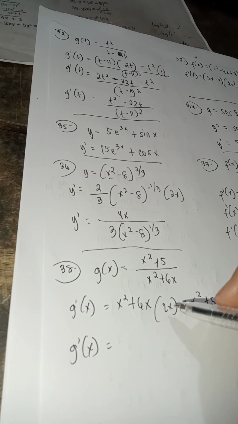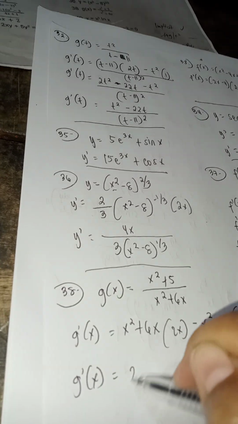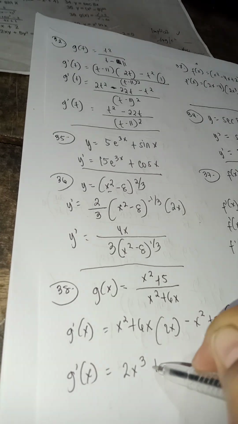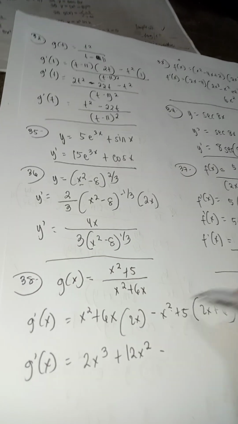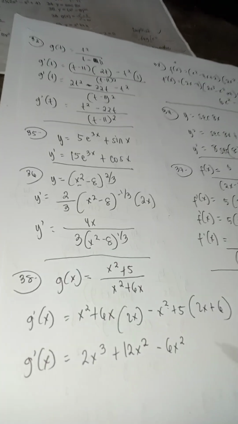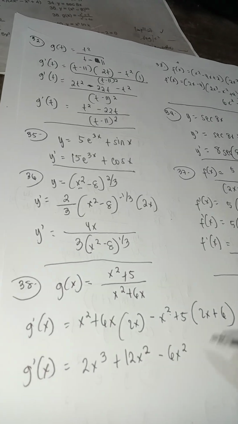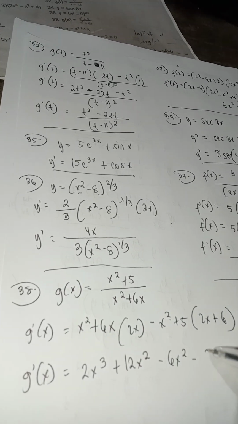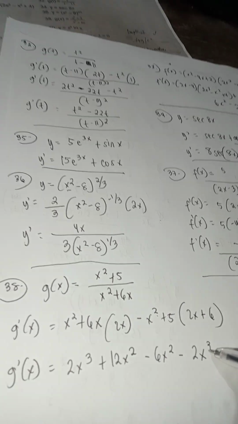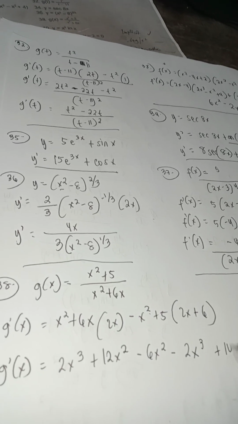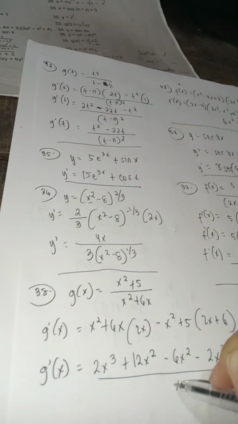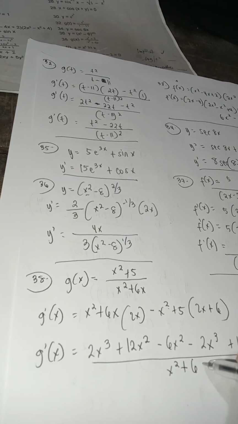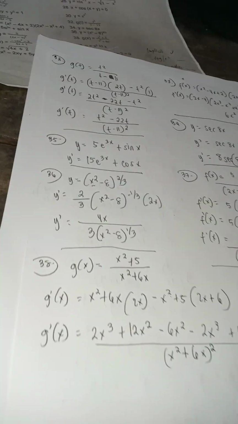X squared plus 6x times 2x is 2x cubed plus 12x squared, minus 2x cubed plus 10x plus 30x over x squared plus 6x squared.